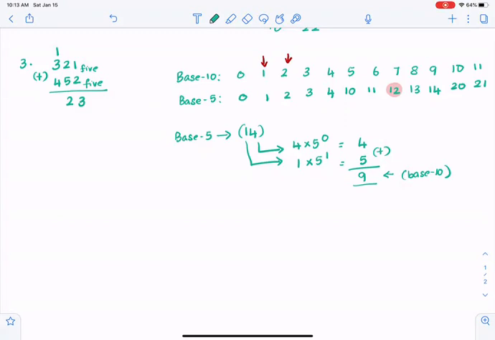But I know 8 in base 10 corresponds to 13 in base 5. So I'm just going to put 1, 3, 2, 3. So if you add 321 and 452 in base 5, the answer is 1323 in base 5.